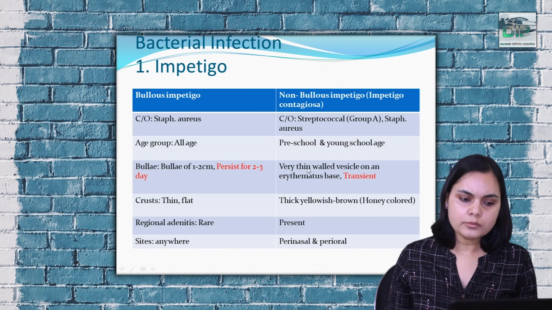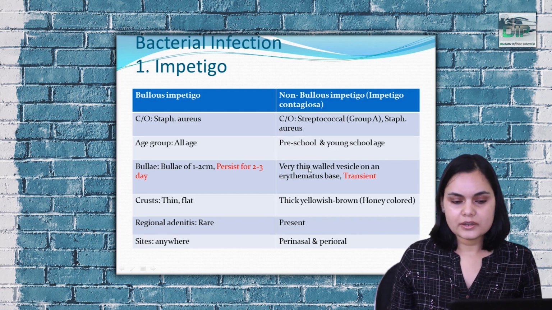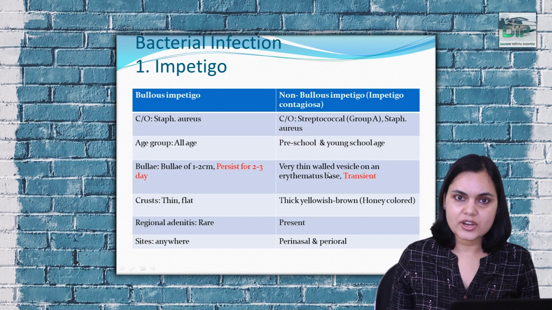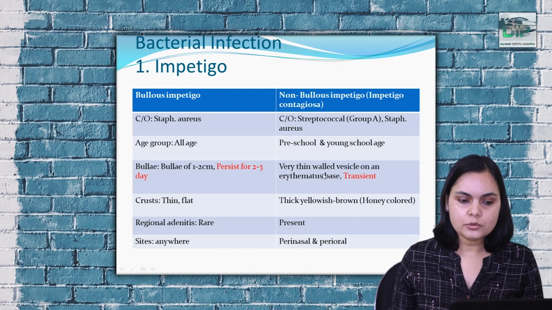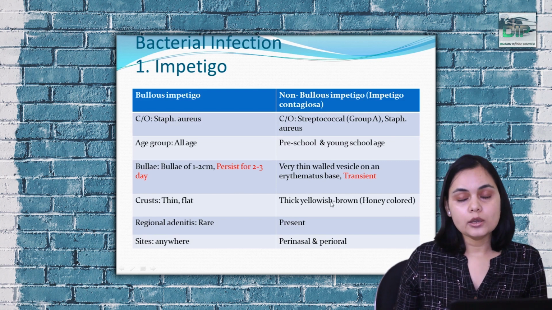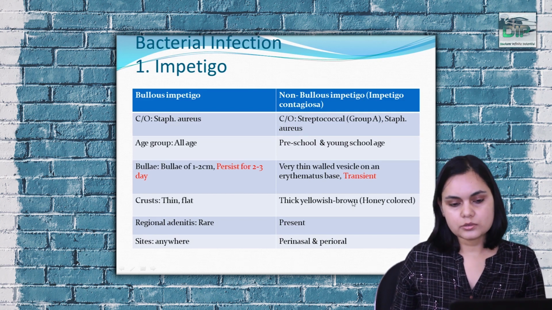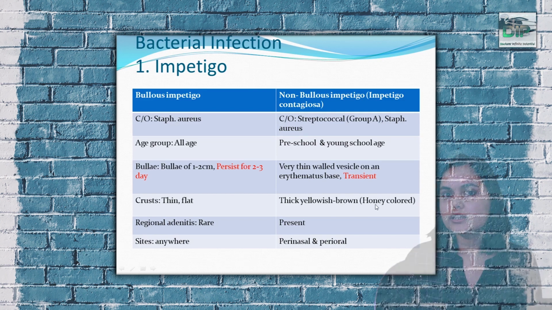Very thin-walled vesicles are there, which are very transient, seen over an erythematous base, and they rupture immediately, leaving behind a thick yellowish brownish crust, classically seen as honey-colored crust. Regional lymphadenitis is very common in non-bullous impetigo or impetigo contagiosa. The most common site is perinasal and perianal.